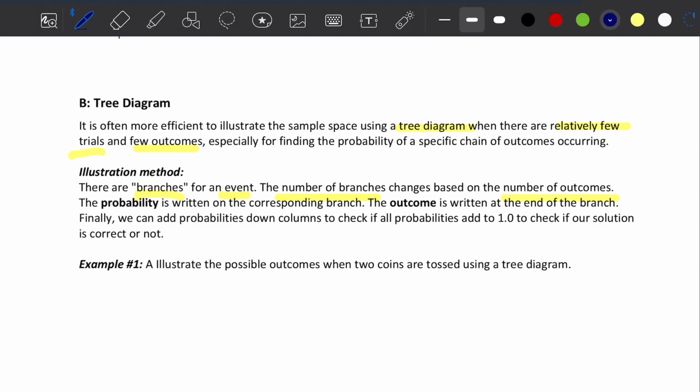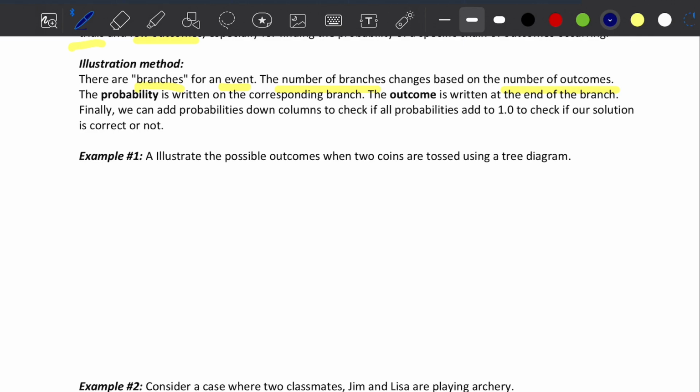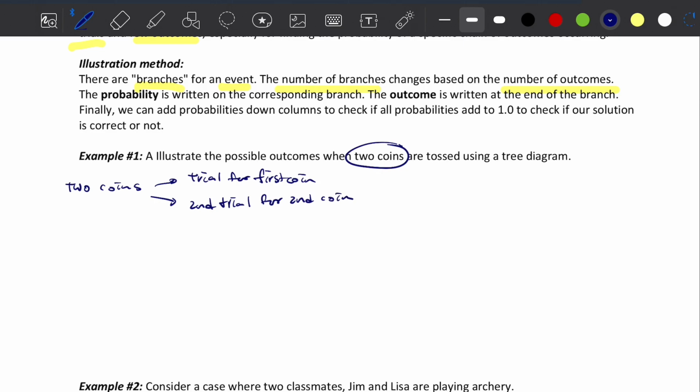So let's apply this method right to an example. If you look at example number 1, we need to illustrate the possible outcomes when two coins are tossed using a tree diagram. Two coins means we need a trial for the first coin and a second trial for the second coin, and this has to happen simultaneously.